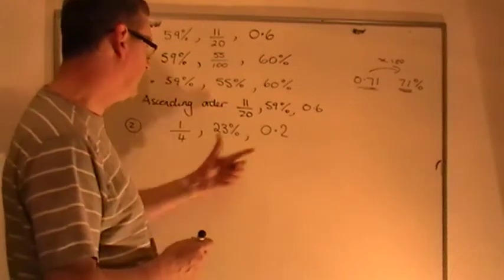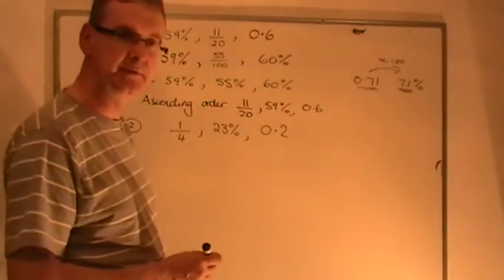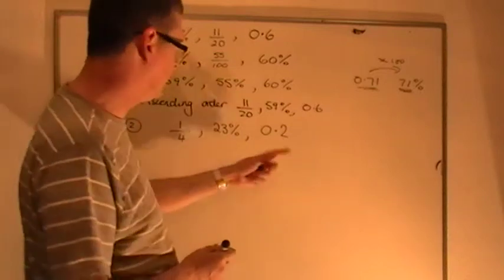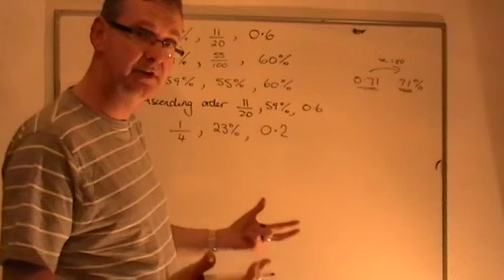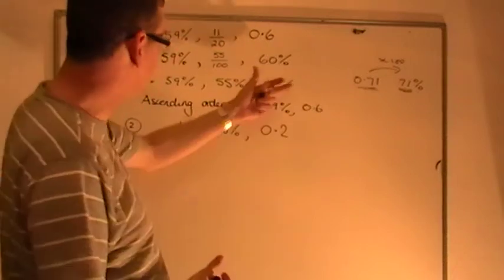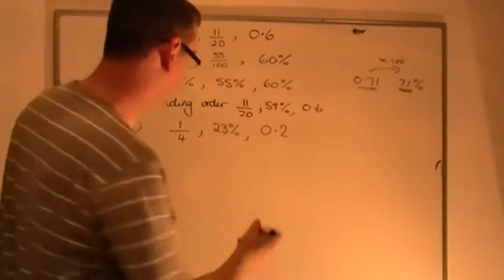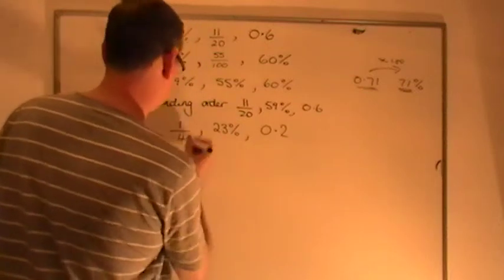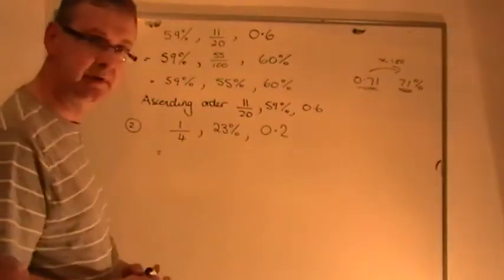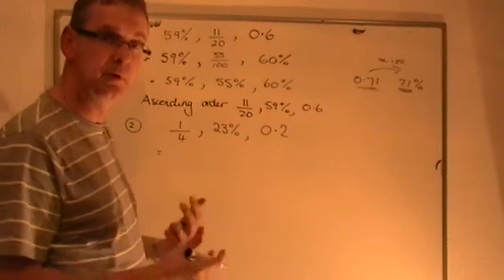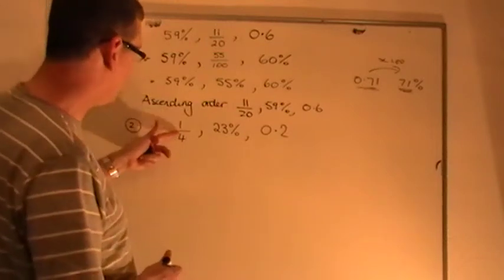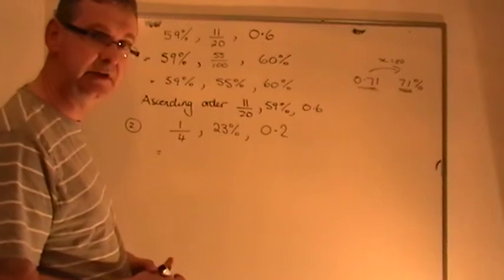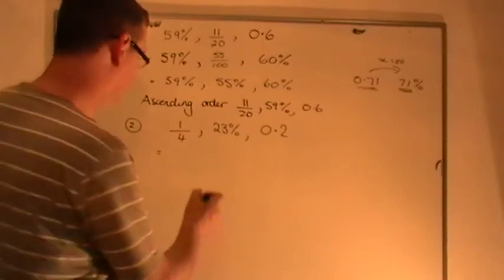Now, I'm going to change each one of these, this time into a decimal. Last time I did percentages, this time I'll do decimals. Now a quarter, most of you will know, is 0.25. If you don't know, 1 share by 4 on a calculator will give you 0.25.